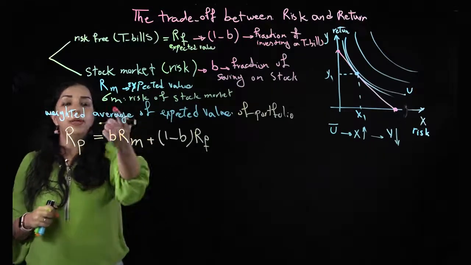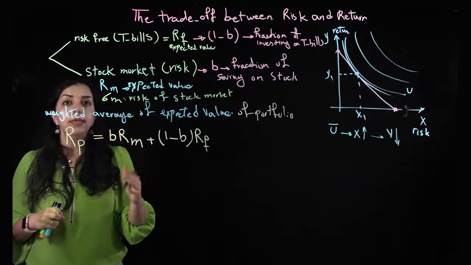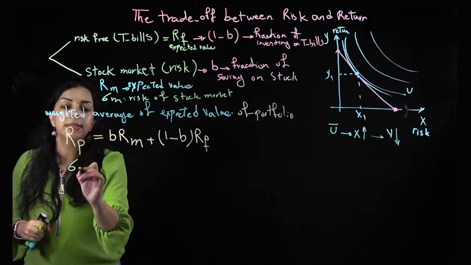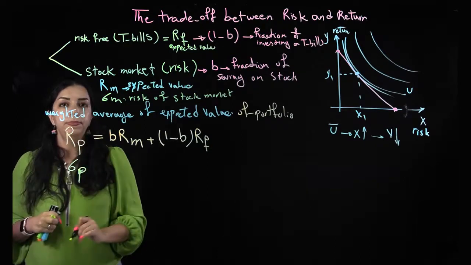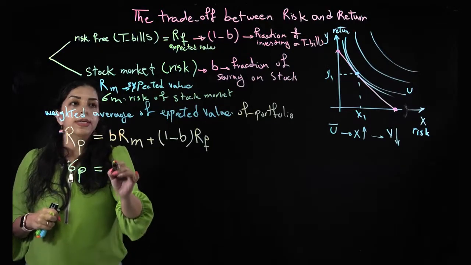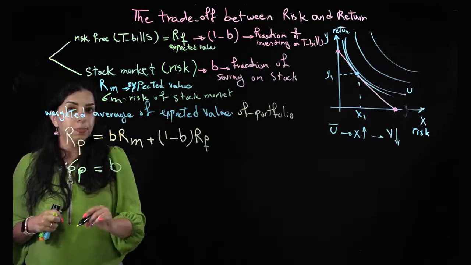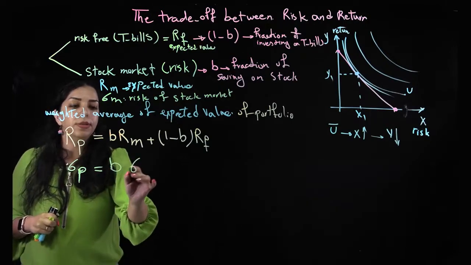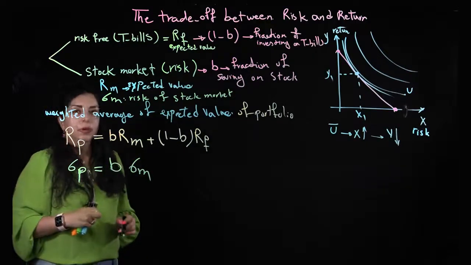Why? Because the portfolio consists of a risk-free and a risky asset, so definitely the concept of risk is present in the portfolio as well. So we show it with sigma P. And the formula is sigma P equals the percentage that we invest in the stock market, which is B, multiplied by the risk of the stock market, sigma M. So this is the risk of a portfolio.